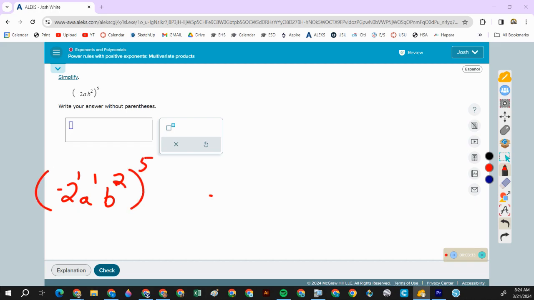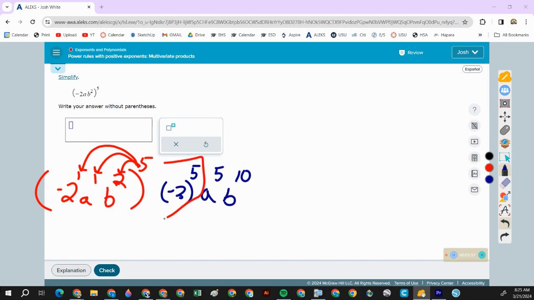Raise that to the 5th. So 5 is going to multiply by 2 and 1 and 1. So that gives me negative 2 to the 5th, a to the 5th, and b to the 10th.